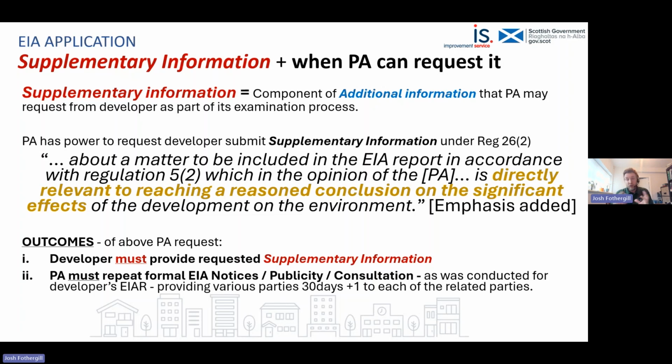But I'd say, if you're doing that, if there have been some questions in terms of the validity of the content within the EIA report or additional information, really make sure that's linking back to a significance conclusion rather than dotting I's or crossing T's, which isn't necessarily helping anyone. If we feel we can make those significance conclusions, we should be moving on to the decision, but we do have this power to make these supplementary information requests.